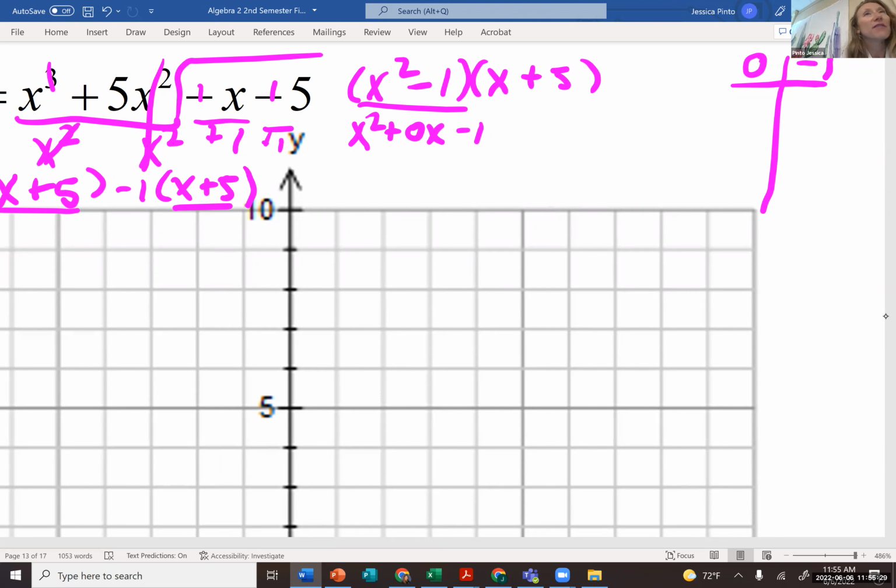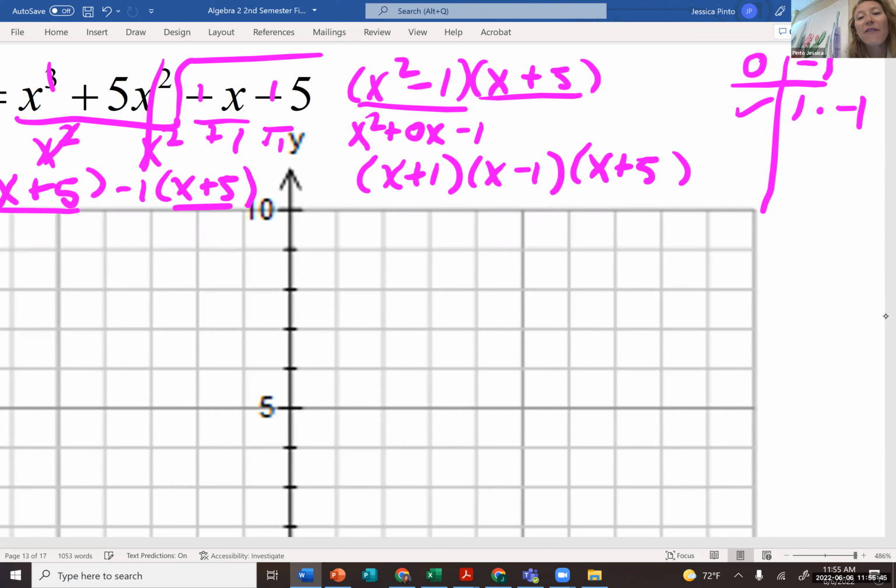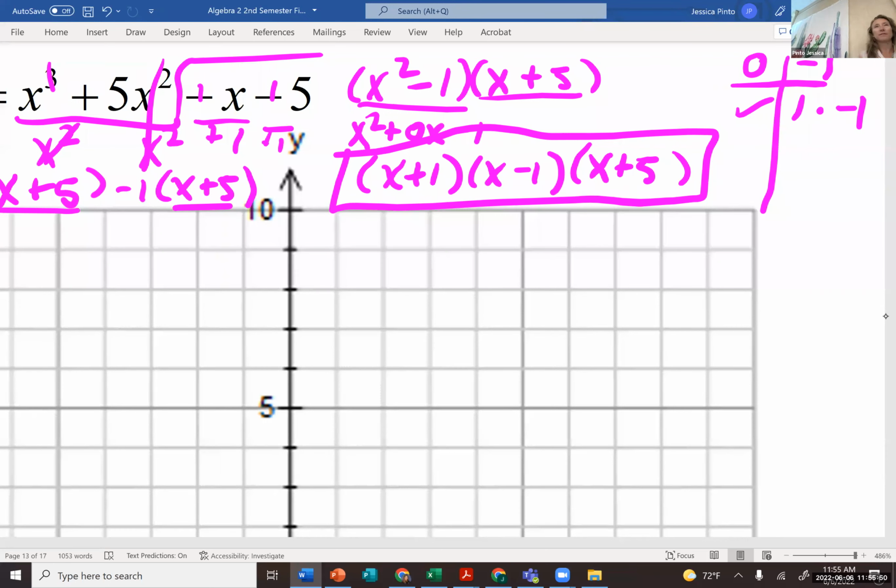And as I'm thinking of that, I want 1 times -1 because 1 minus 1 is 0. So this will factor to x plus 1, x minus 1, and still x plus 5 as the final factored form. So that x squared minus 1, that was a special pattern called the difference of 2 squares. One was positive and one is negative.